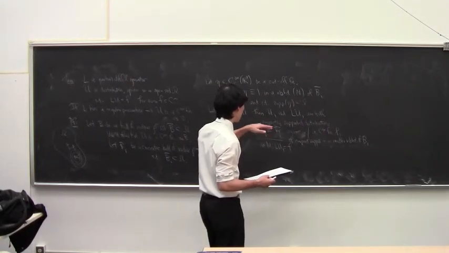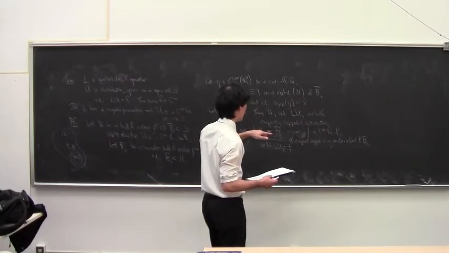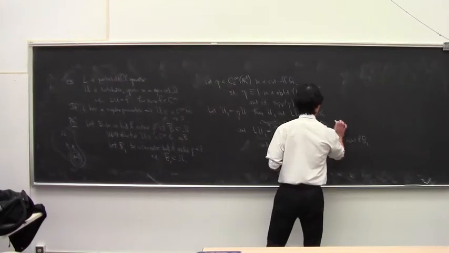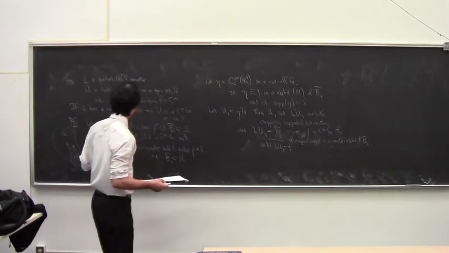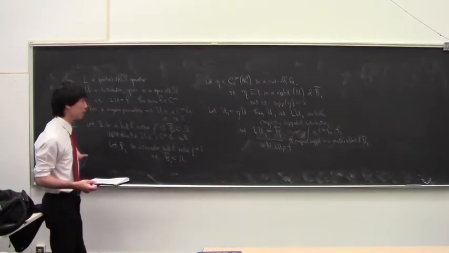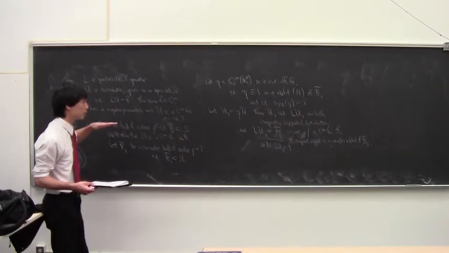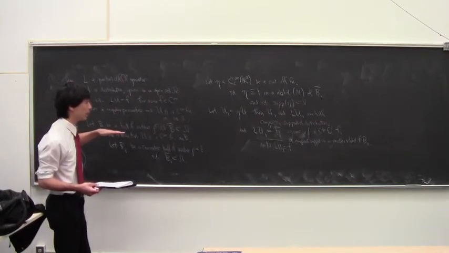When we say that it agrees in a smaller neighborhood of B1, it agrees with some function of compact support in a smaller neighborhood of B1.